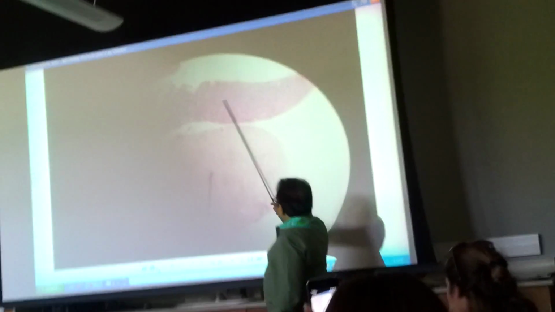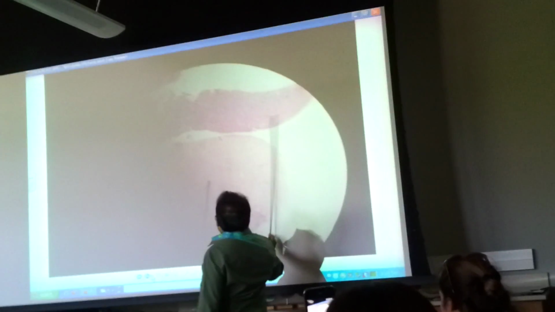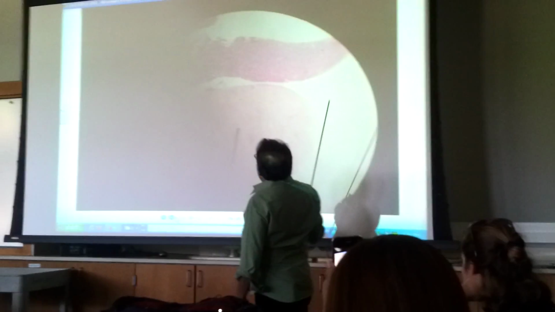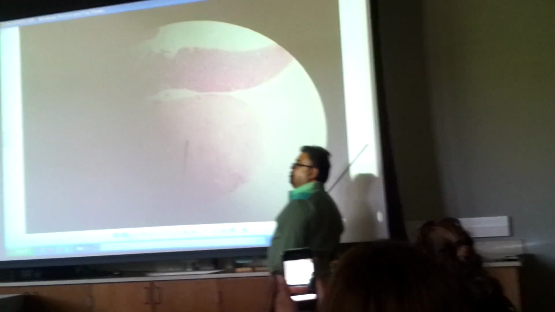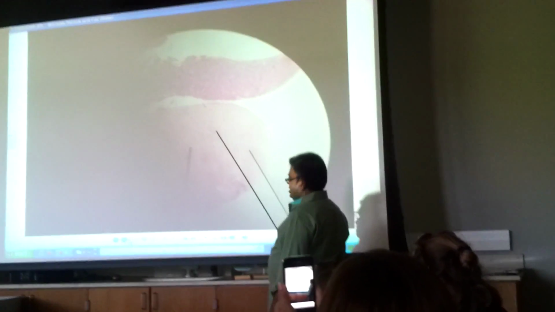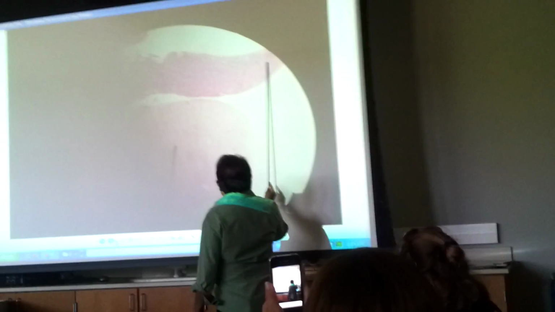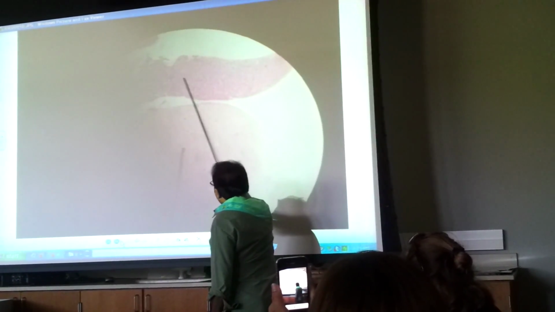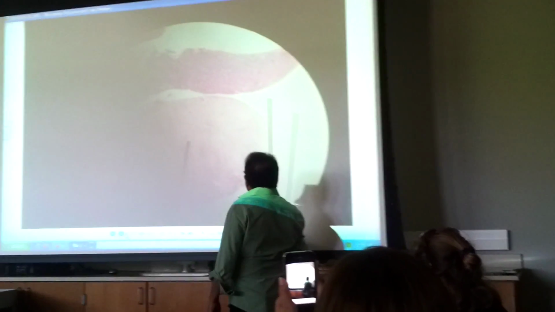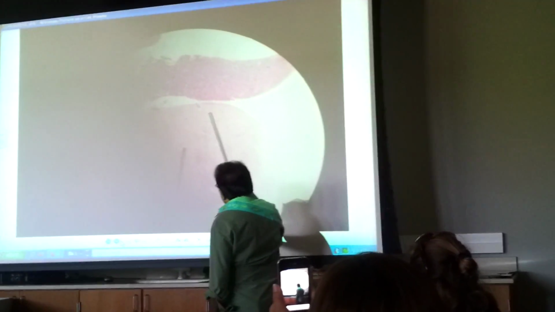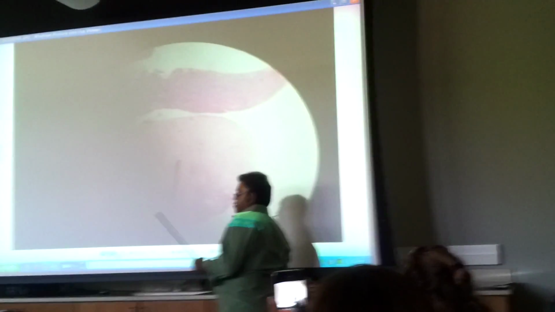In this area, you can see those tiny cells making it dark pink, and you don't see any cell in here. For that reason, you can easily tell this is the anterior pituitary gland, and this is the posterior pituitary gland.